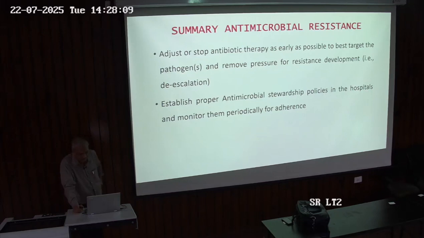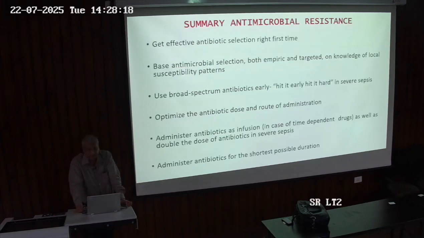Establish proper antimicrobial stewardship policies in the hospitals and monitor them periodically for adherence. Get effective antibiotic selection right first time. Base antimicrobial selection, both empirical and targeted, on knowledge of local susceptibility patterns.